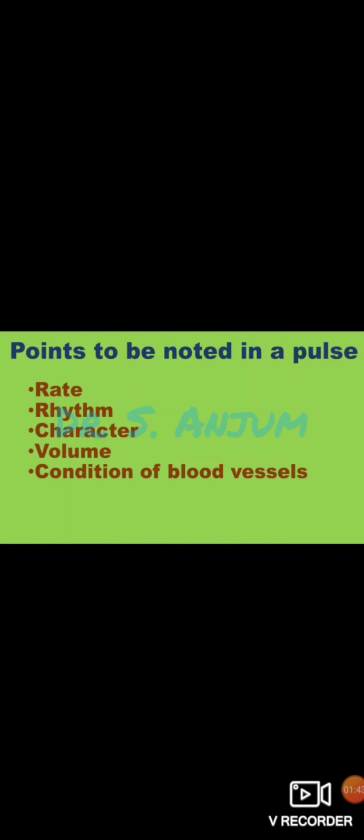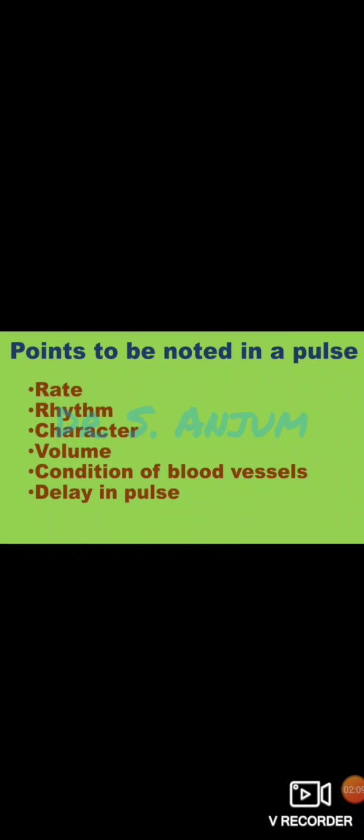Then you have to check the condition of the blood vessels. You have to roll the vessels against the bony prominence. In old age, there is atherosclerosis of blood vessels due to hardening of the wall. And also you have to record if there is any delay in pulse. How will you record?